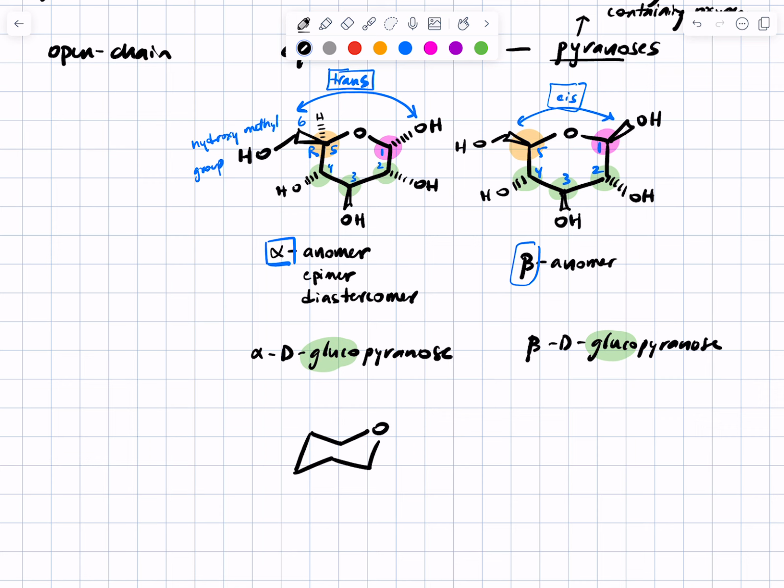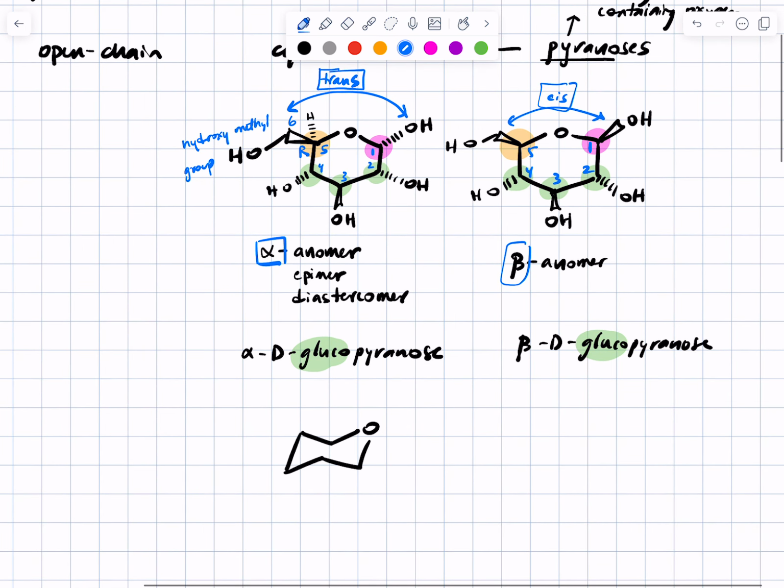You can still get the right answer, but you'll have to play around with it a little bit. Then, I'm noticing that this oxygen here in this overhead view of the ring is this one. I'm going to go around the ring clockwise, starting with C1, 2, 3, 4, and then 5.